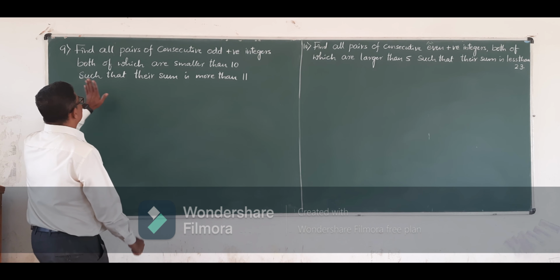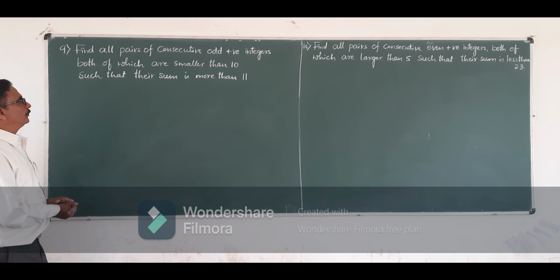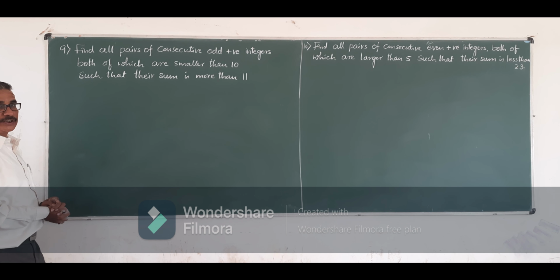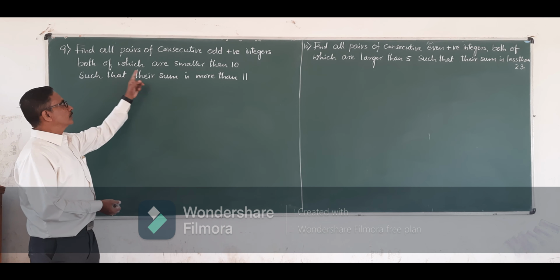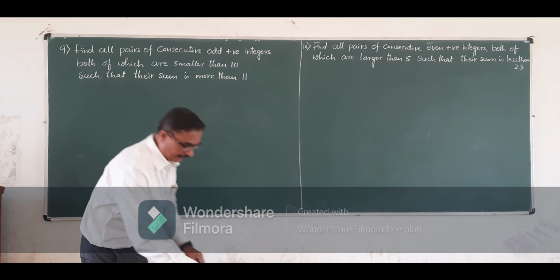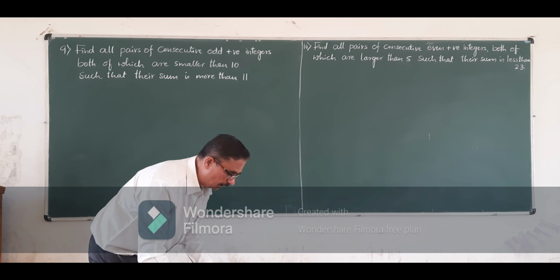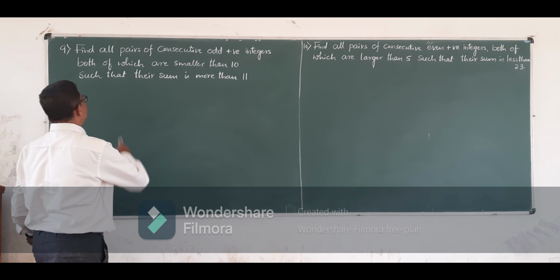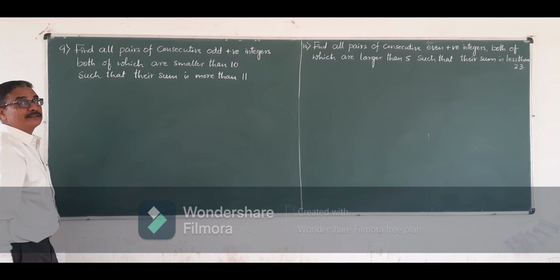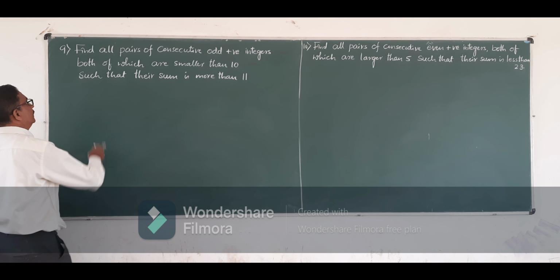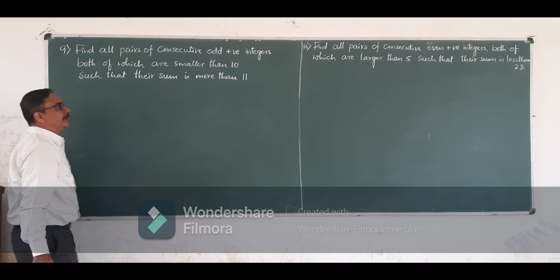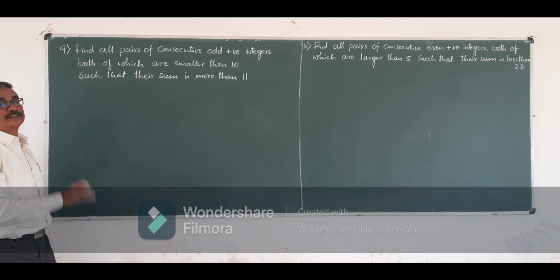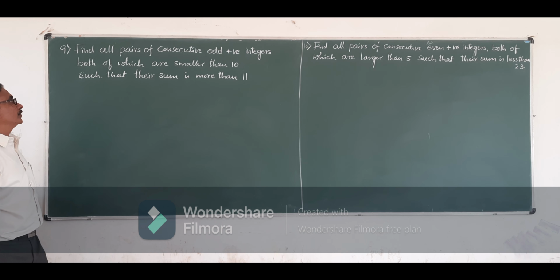Next problem. Find all pairs of consecutive odd positive integers, both of which are smaller than 10, such that their sum is more than 11. Now read. Find all pairs of consecutive odd positive integers.